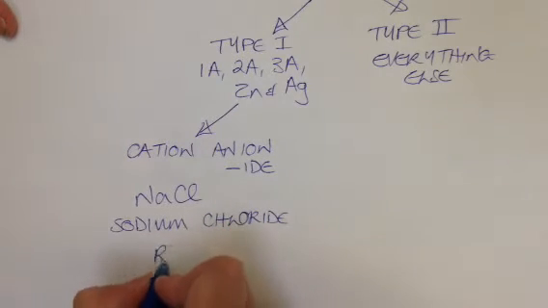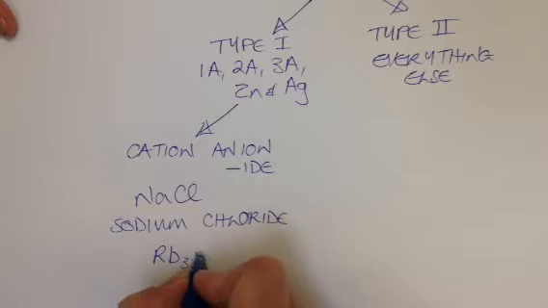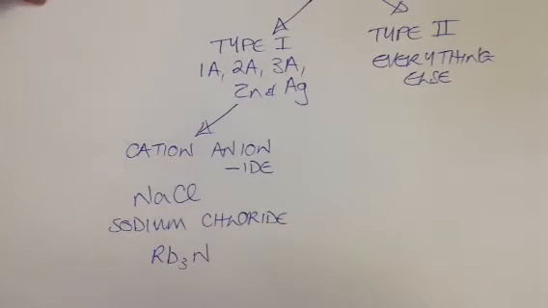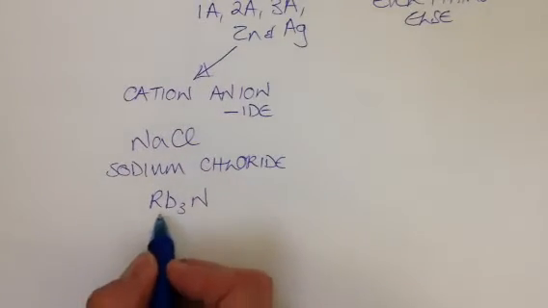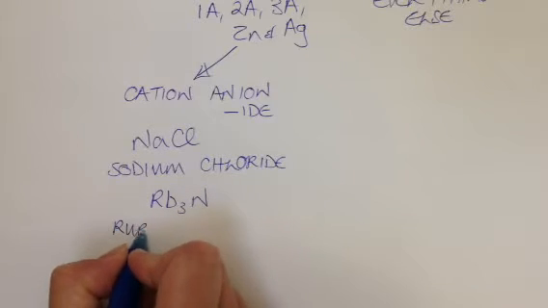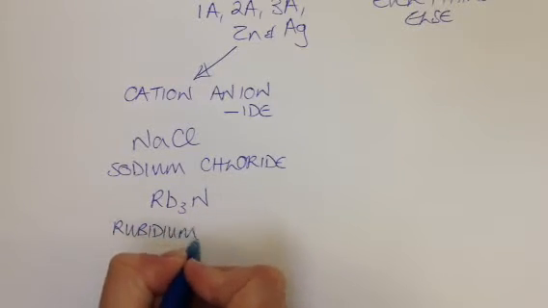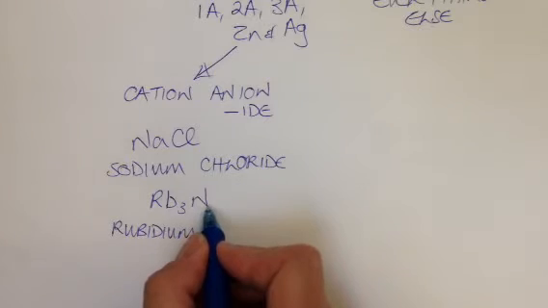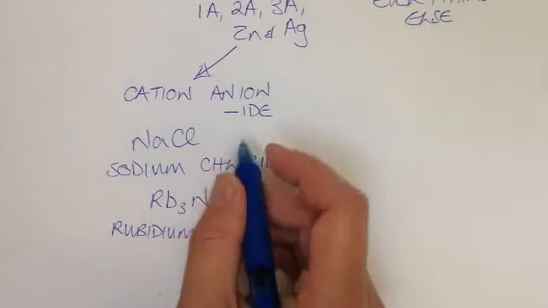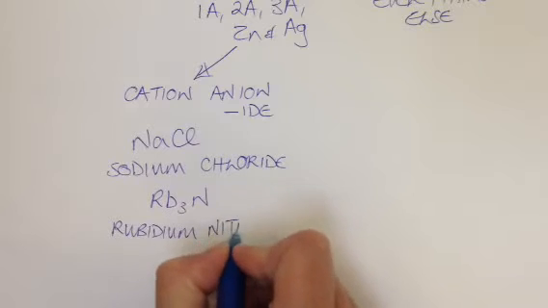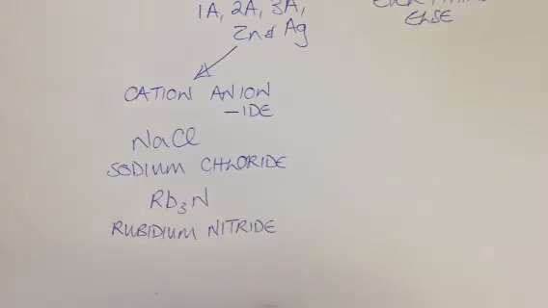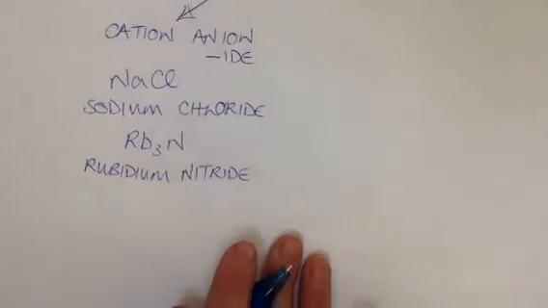Okay, let's take a look at Rb3N. To name it, we name the cation, which is rubidium. I don't expect you to know that, by the way. We name the nonmetal, which is nitrogen, and we change the ending of the nonmetal to end in "ide." Rubidium nitride.